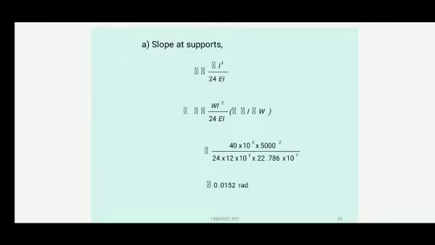The capital W is 40 into 10 cube into 5000 square by 24 into 12 into 10 power 3 by 22.786 into 10 to the power of 7. That is equal to 0.0152 radians.